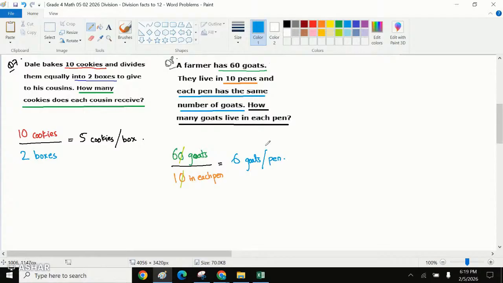This slash means per, P-E-R, per person, per pen. 6 goats. Okay, Tess, it's perfectly fine. Thank you. Per means each. So if we don't want to write per like each, we can make a slash: 6 goats slash pen. That means 6 goats per or in each pen. Thank you, everyone.